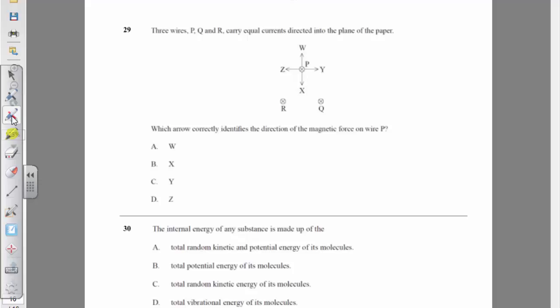We have a field that goes like this, and like this, and like this. And so in which direction will the wire experience a force? If they are going in the same direction, it's going to get pulled in towards X.